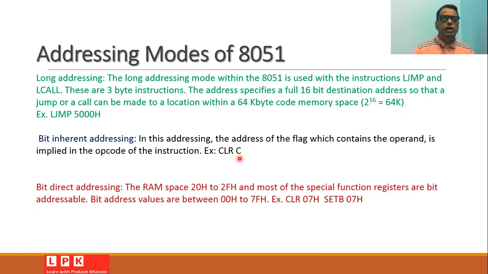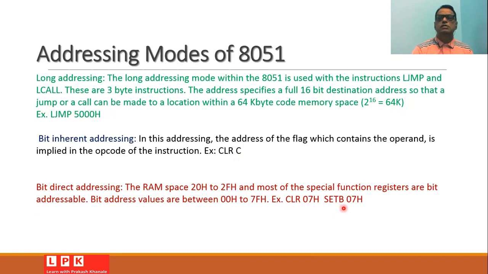There is another addressing mode that is used, and this is the bit direct addressing. In bit direct addressing, the RAM space 20H to 2FH and most of the special function registers, SFRs, are bit addressable. So bit address values are in the range of 00 to 7F. Say, for example, when we write an instruction such as CLR 07, then the 7th bit will be cleared.